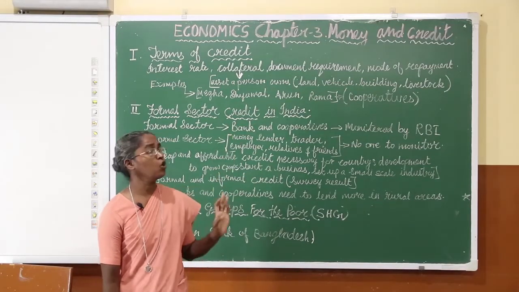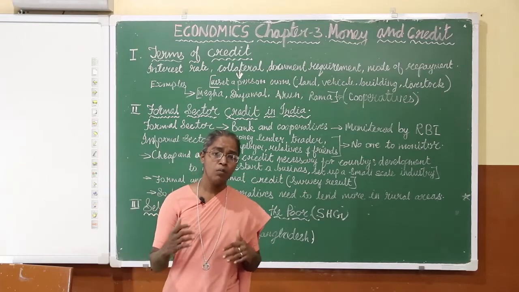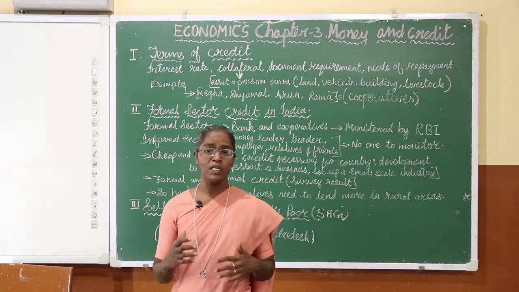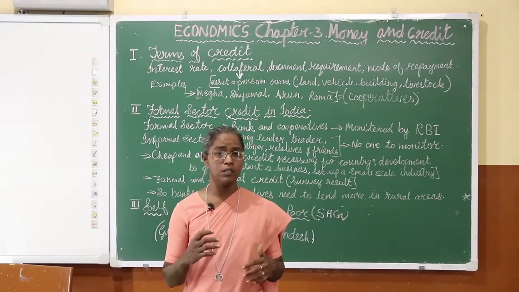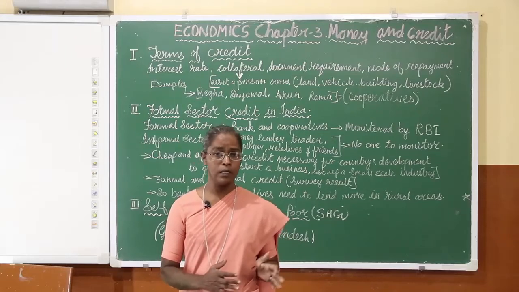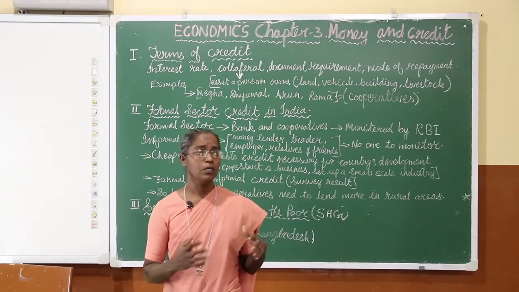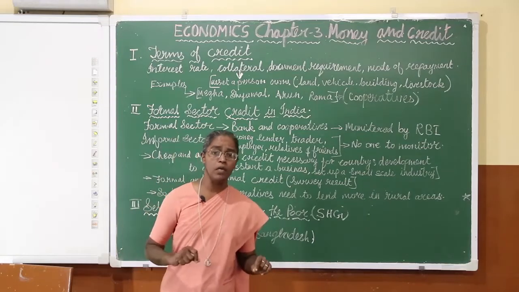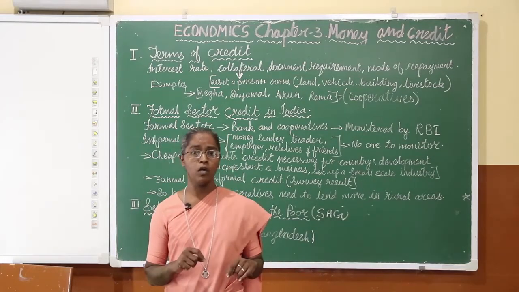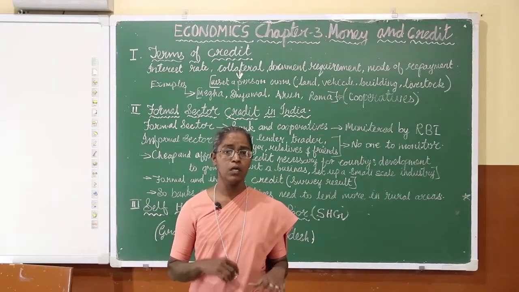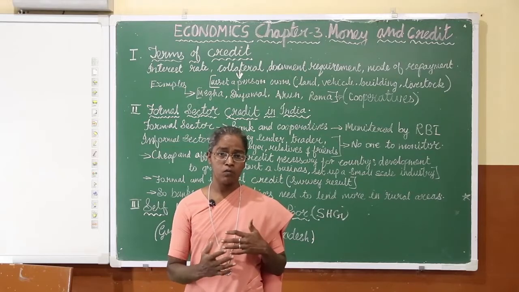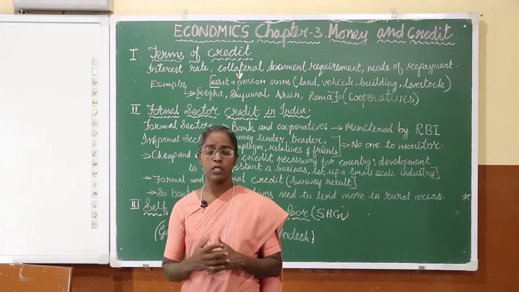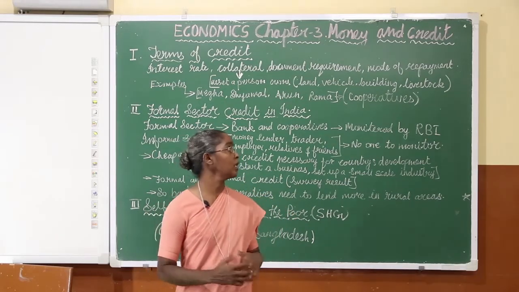And the third one is document requirement. When the bank goes through all this and confirms and agrees, that is the agreement between the lender and the borrower, the credit taker. You need to sign the document, and the bank also will sign it, and it is handed over to you, and the bank keeps a record for their proof.